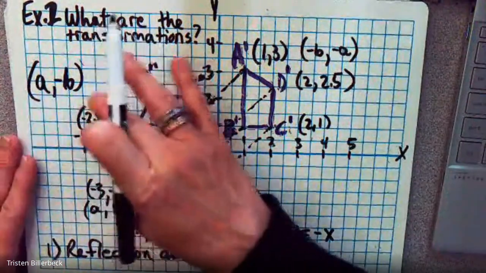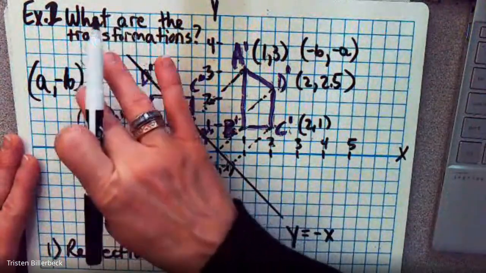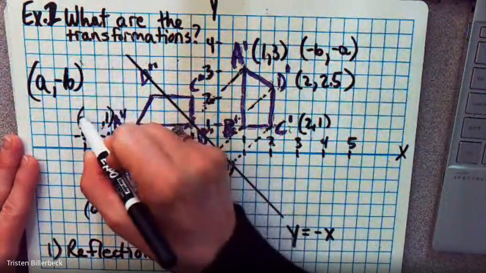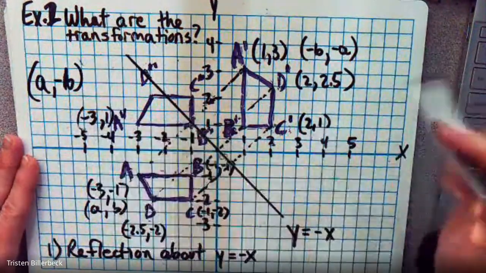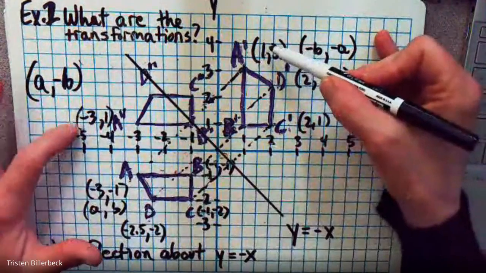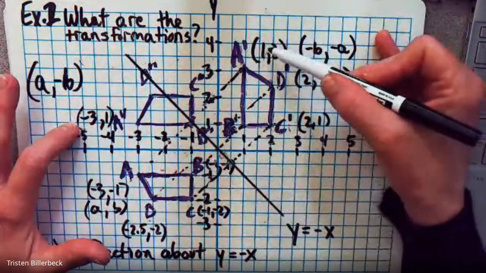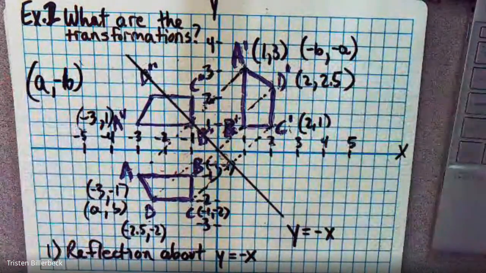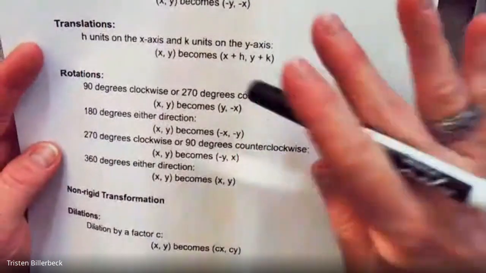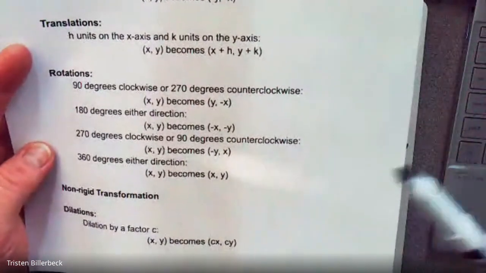Oh, I'm sorry, that's 3. So that's negative 3, 1. Okay, so that's changing this up. We're alternating and the y is negative.